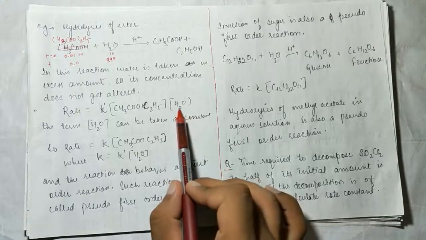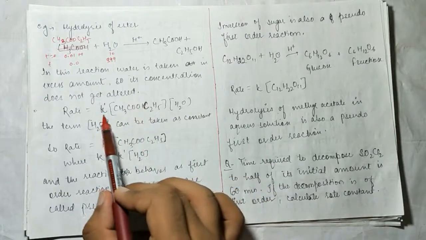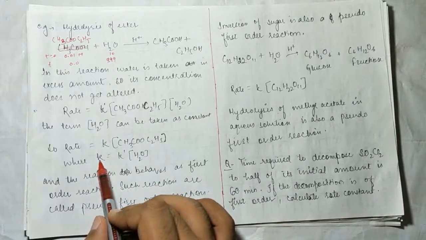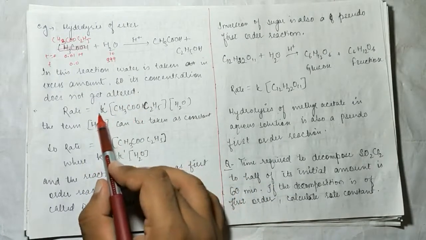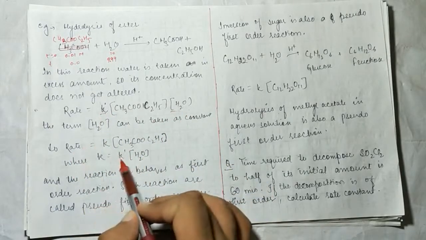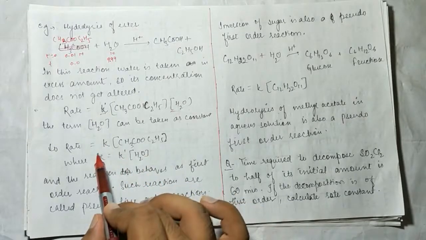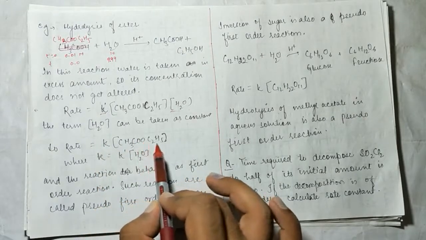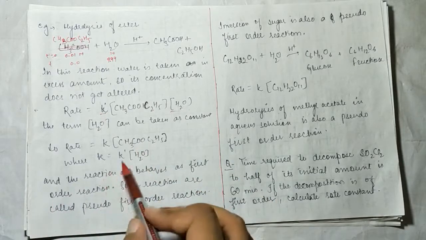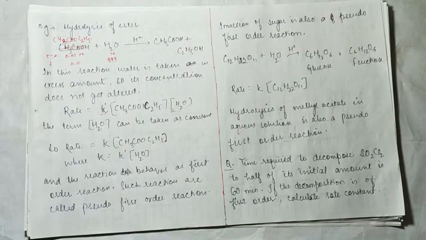But the concentration of H2O is almost constant, so we can take one more constant, k, which is equal to the multiplication of these two constants, k dash and H2O. So the rate will be k into CH3COOC2H5, where k is k dash times H2O. Okay, and this k is also called k prime.